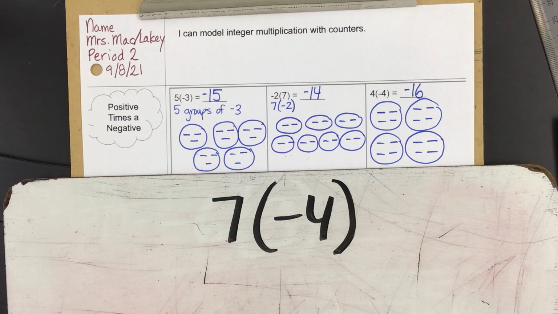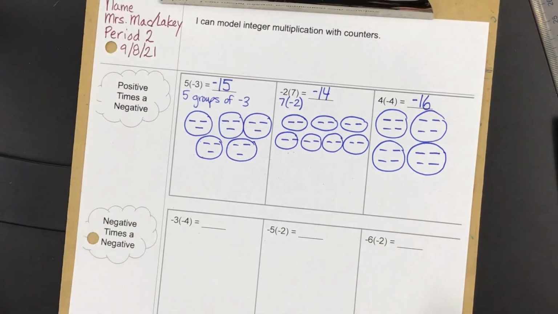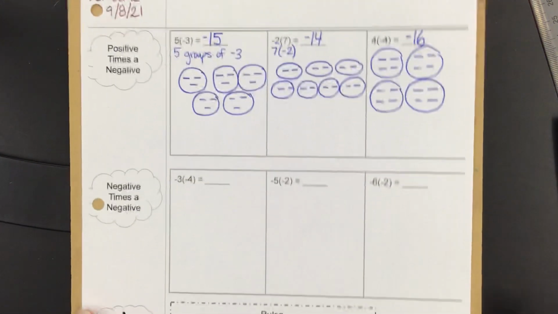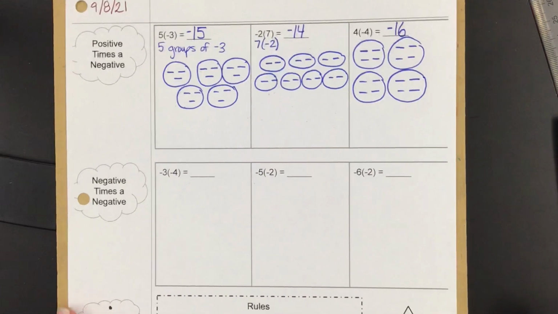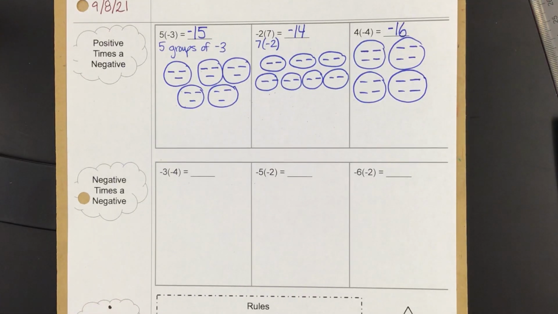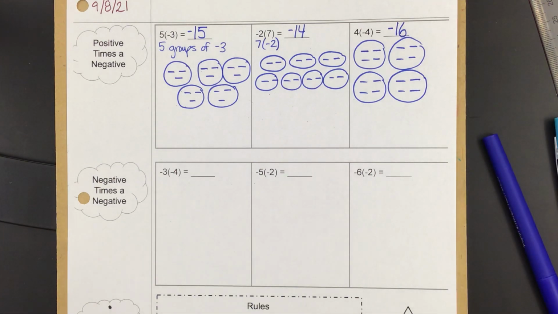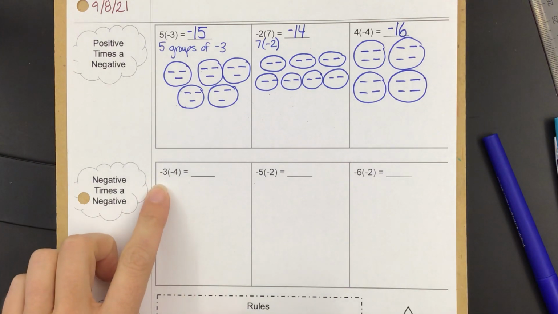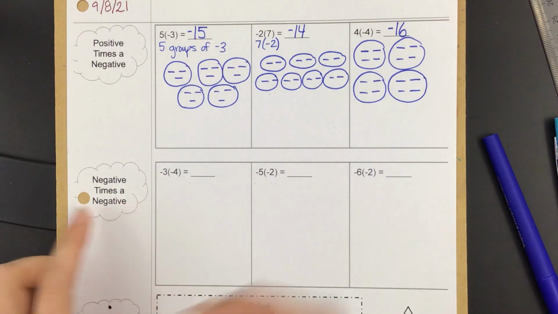Or we have a negative times the negative. Okay, let's go back to our notes. All right, let's take a look at that first one. And I'm going to write out what this means here. Remember that that negative out in front refers to the opposite.